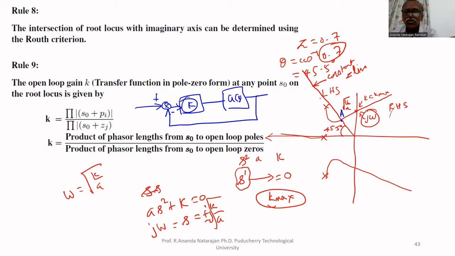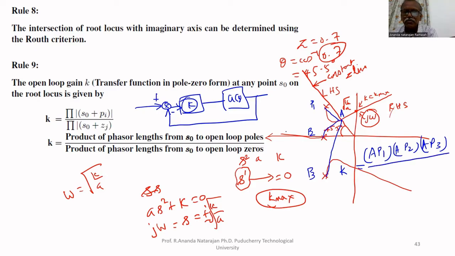For that, what are the poles? Poles are P1, P2, and P3. So from A, draw lines to P1, P2, and P3. Measure the lengths AP1, AP2, AP3. These are the lengths measured from A, the desired location of the pole.